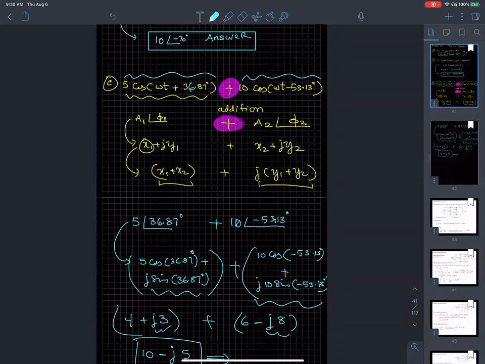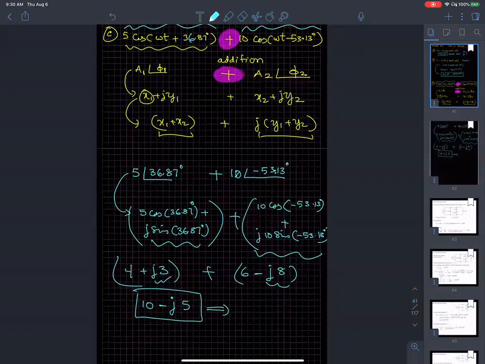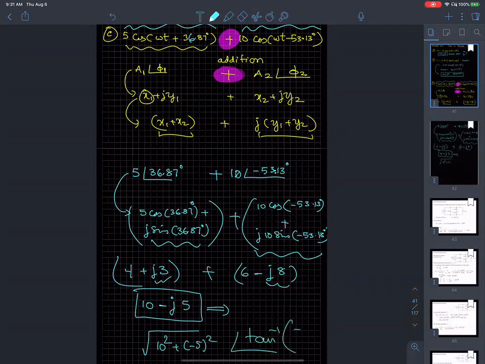There's absolutely no way I can easily add the terms in the cosine form, and I cannot add them in the polar form. So I came into the rectangular form, where it's much easier to do the math. Now I can go back to polar form. The magnitude is the square root of 10 squared plus negative 5 squared, and the angle is tan inverse of the imaginary part over the real part.